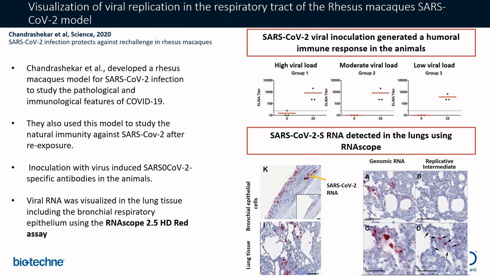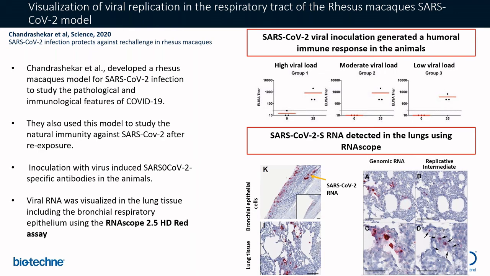This paper is from Harvard Medical School, where the scientists developed a rhesus macaque model for SARS-CoV-2 to study the pathological and immunological findings of COVID-19. They also used this model to study natural immunity against SARS-CoV-2 after re-exposure.